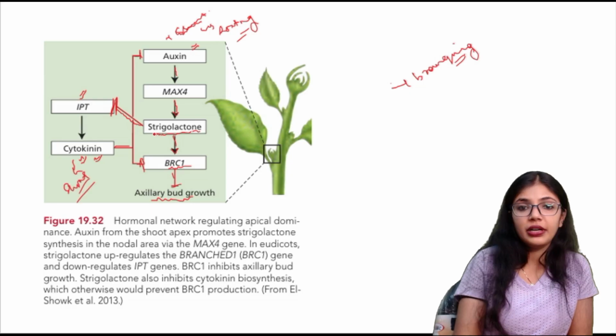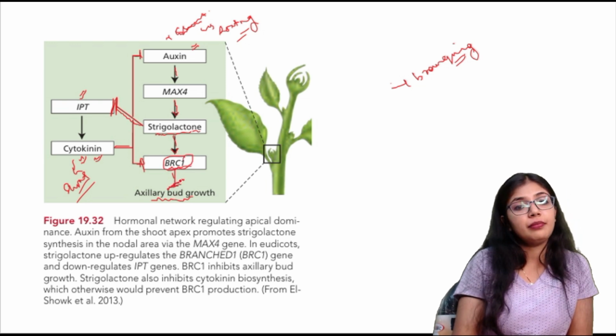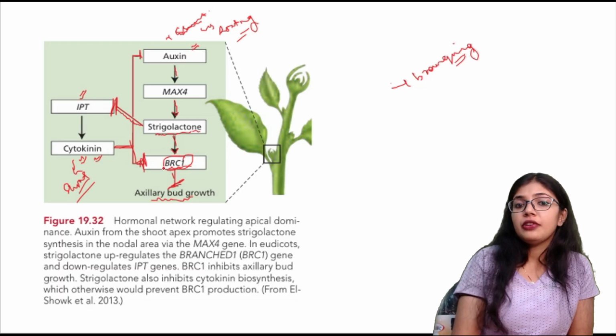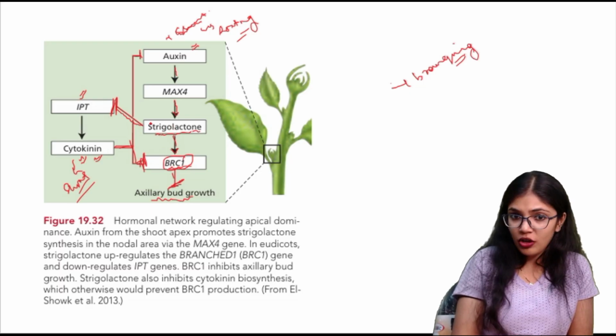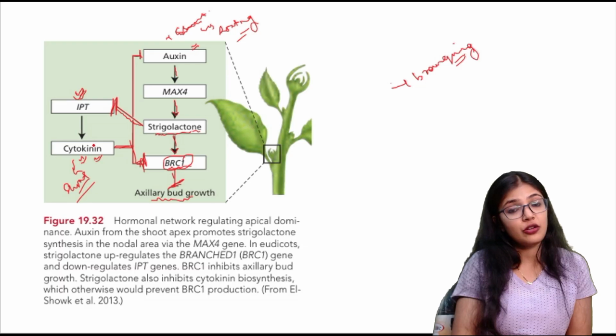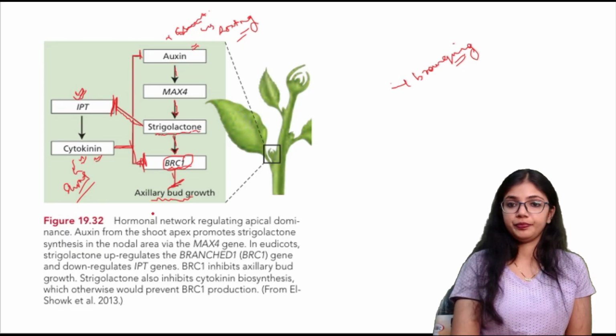The end product strigolactone produces the BRC1 gene, which is responsible for inhibiting auxiliary bud formation, and cytokinin will help in inhibiting this BRC1 gene. Cytokinin will inhibit the end product of strigolactone, and strigolactone will inhibit the first step of cytokinin synthesis, that is IPT. In this way, these three phytohormones are regulated.